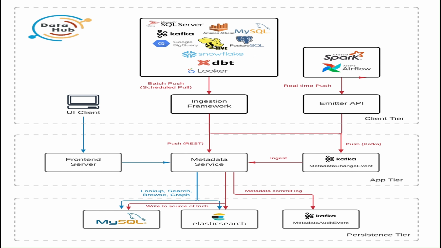Next we have the front end and another component called the UI client. The UI client is directly connected to the front end server, and whenever we make a request, it comes to the metadata service. Similarly, whenever we do any operation in the front end, like clicking on data, all this audit is captured in one of the Kafka topics, the data usage topic, which we call the metadata audit event, and it is also persisted in Kafka.